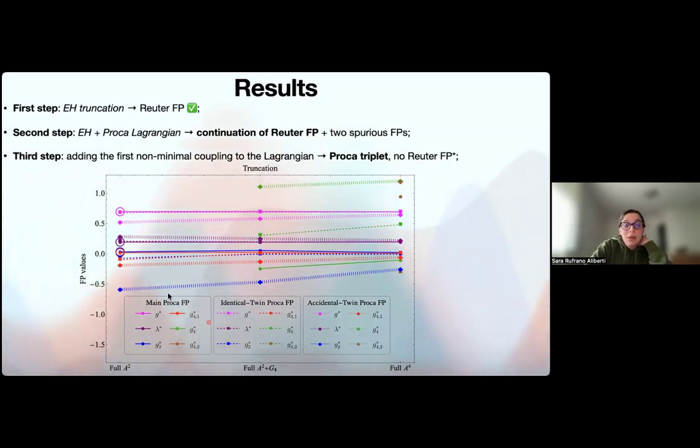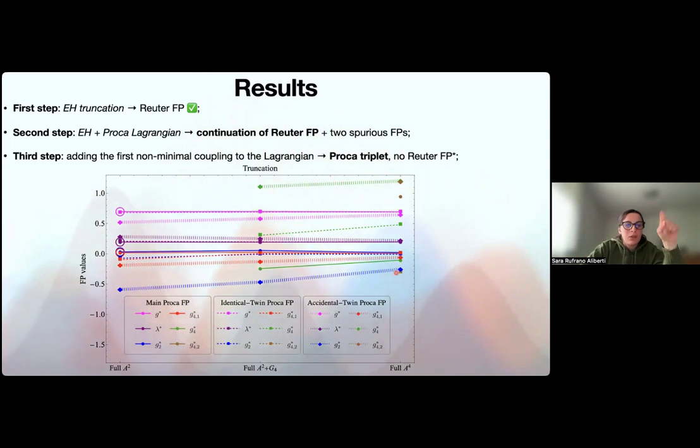But looking at the main Proca fixed point as best candidate for ultraviolet completion for generalized Proca theories, at the final stage, so looking at the full truncation, the maximal truncation, this main Proca fixed point is characterized by 5 relevant directions out of 6, which means it's less predictive compared to the Reuter fixed point.